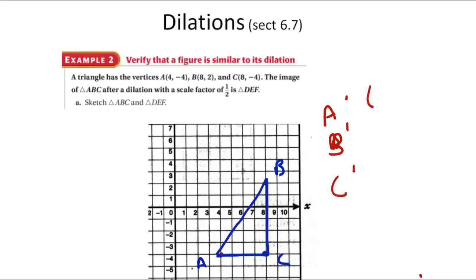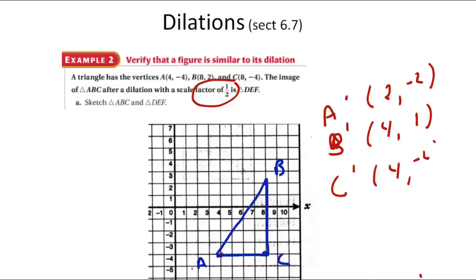So I want a scale factor of 1/2. So should my figure get bigger or smaller? That half, that's between 0 and 1, which should be getting a reduction. So half of 4 is 2, half of a negative 4 is negative 2. Half of 8 is 4, and half of 2 is 1. On C, half of 8 is 4, and half of negative 4 is negative 2.